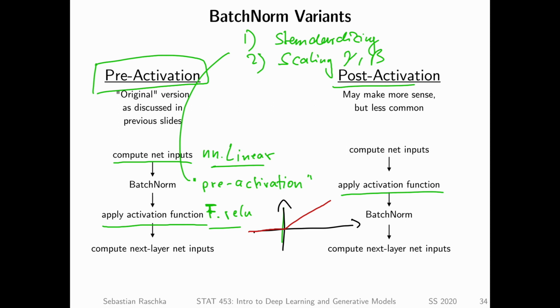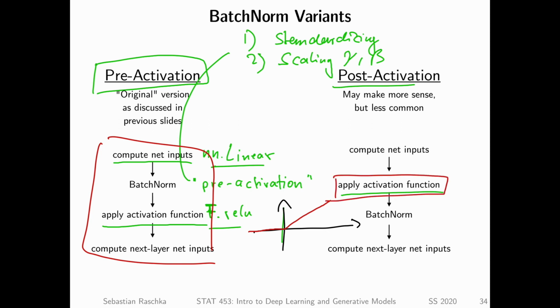So even though we applied the scaling and batch norm on this side, we'll always have only positive values going into the next layer. So maybe people think it's useful to apply batch normalization after we apply the activation function. But again, this is just one way to do it.